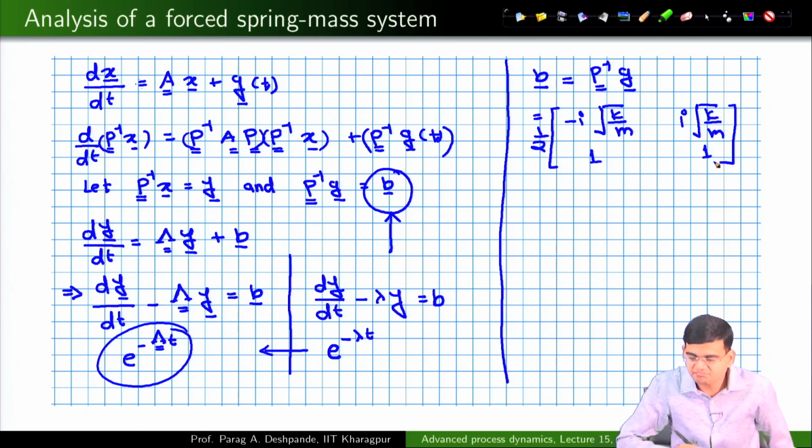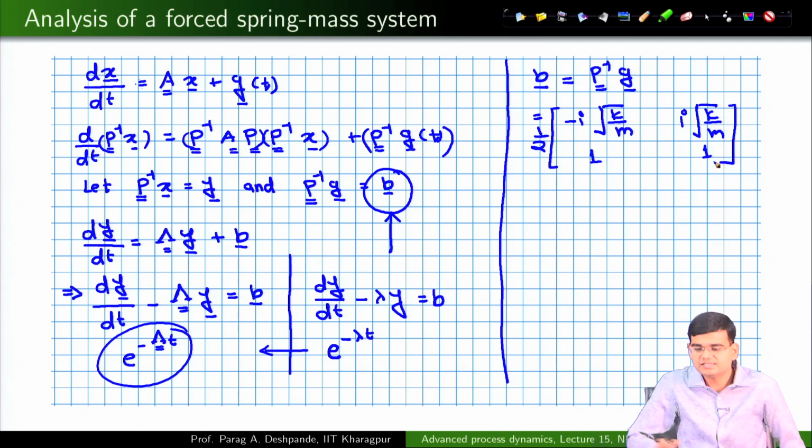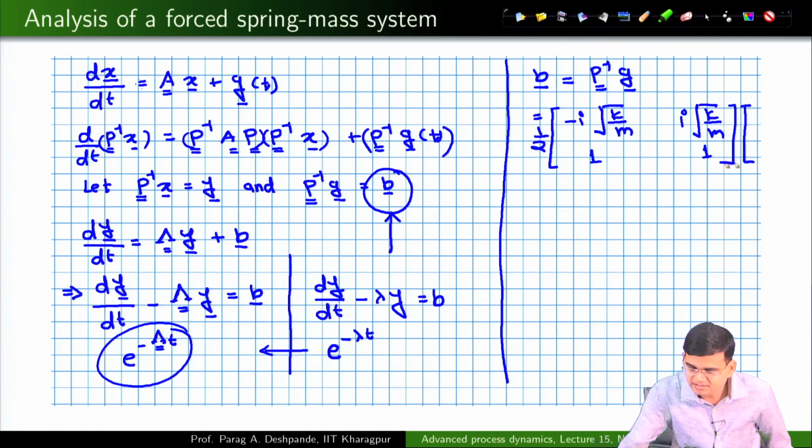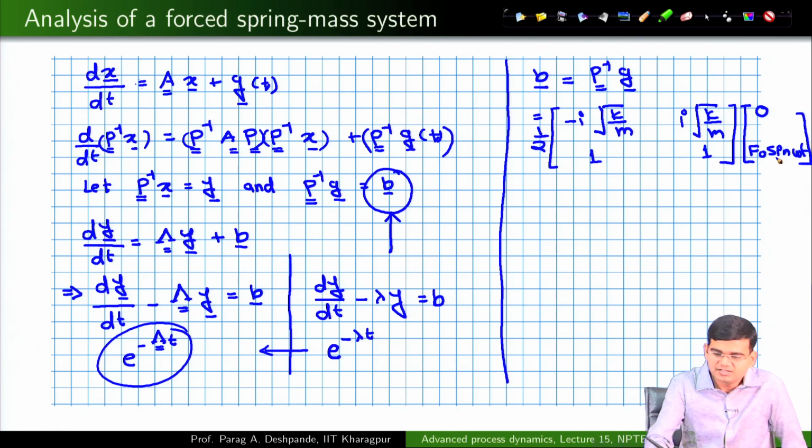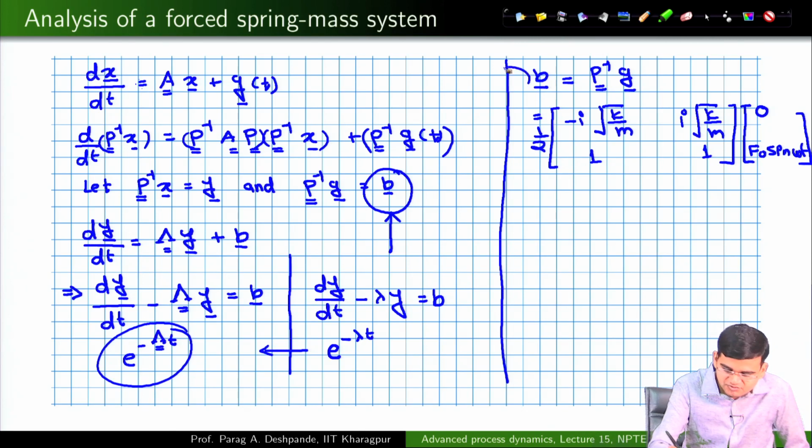This was my P inverse, and I would multiply this by g, and g was nothing but (0, f0 sin ωt), right. So, I can determine the vector b, and that vector b which I get would be used here.